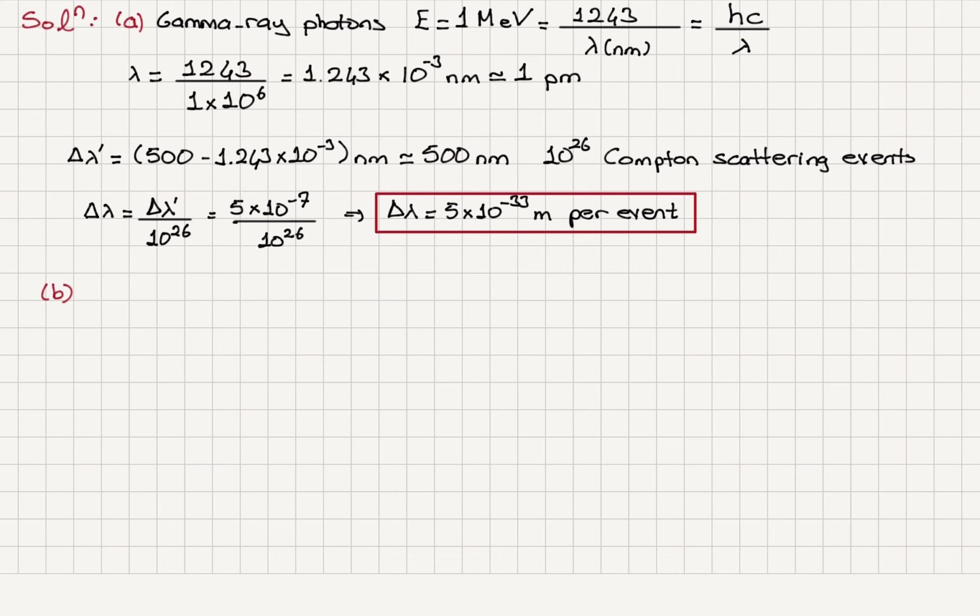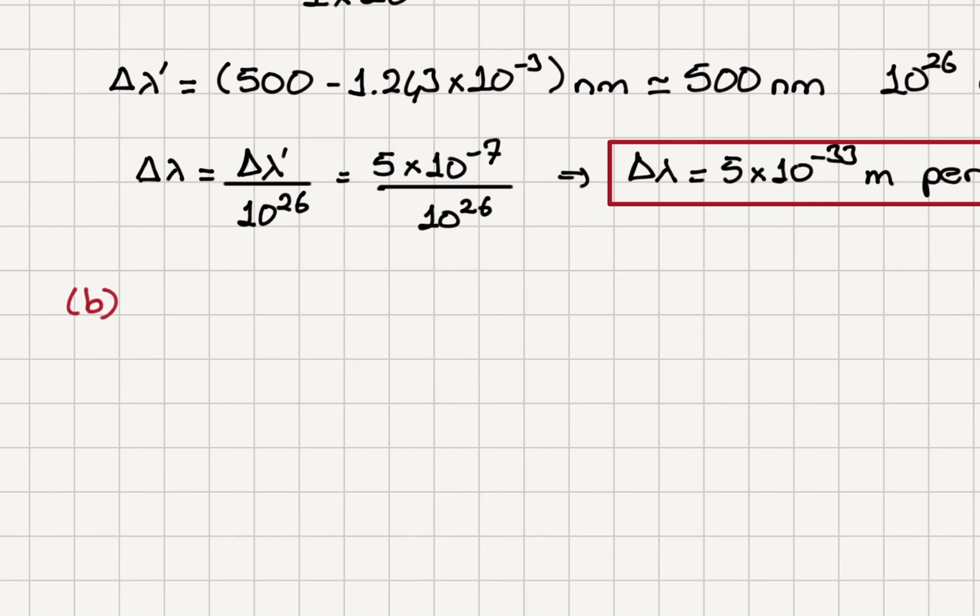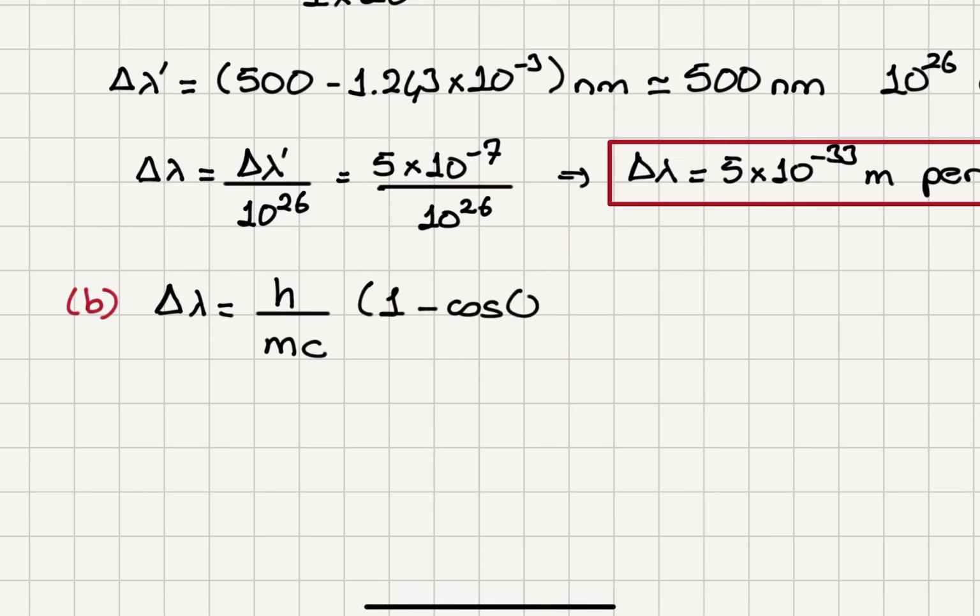Okay. Now, we have our Compton scattering expression. The change in the wavelength, delta lambda, is equal to h divided by mc, times 1 minus cosine phi, where phi is the scattering angle.